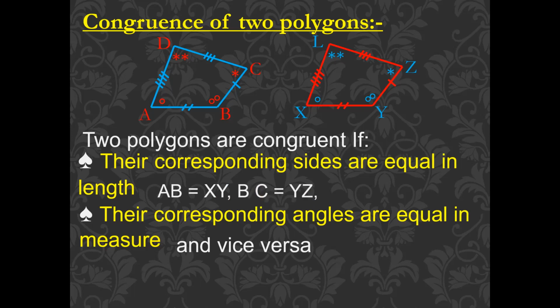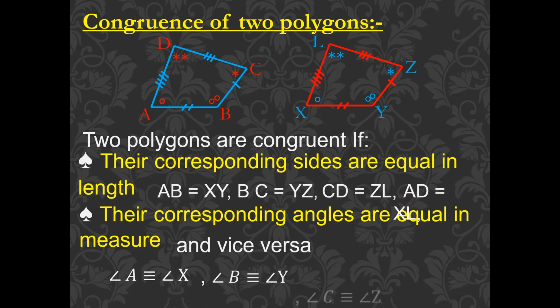The sides: AB equals XY, BC equals YZ, CD equals ZL, and AD equals XL. And the angles: angle A equals angle X, angle B equals angle Y, angle C equals angle Z, and the measure of angle D is congruent to the measure of angle L.